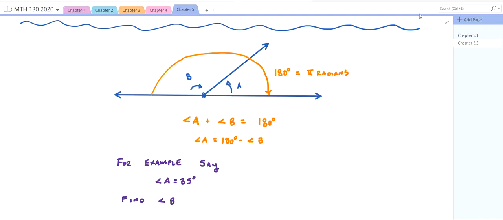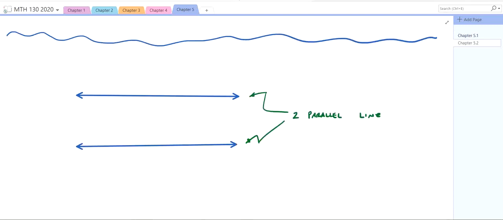What is the value of angle B? Well, angle B equals 180 degrees minus 35 degrees equals 145 degrees.